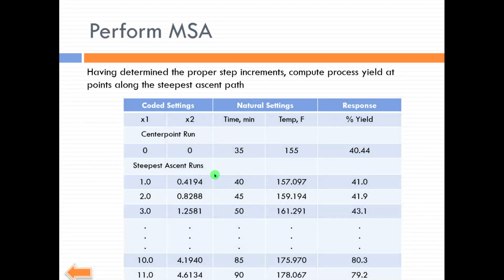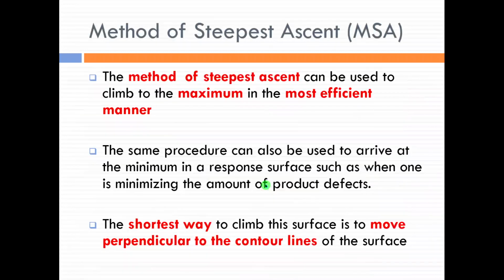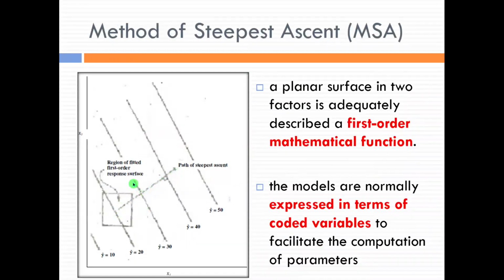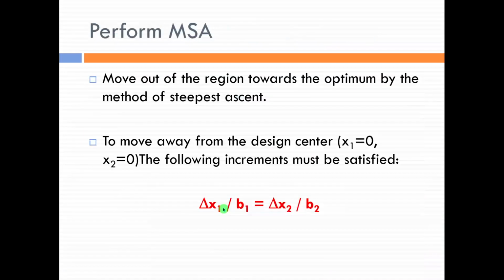Tapos next, magsi-steepest ascent runs tayo using the increments na ginamit natin. So again, ito na yung part na sinusunod na natin yung curve na to. Sinusunod na natin yung path na to. Na-set up na natin yung model. Etong line na to is actually the model that we've set up. And when we are doing the increments, we are actually moving within this model. Okay? So nagmo-move tayo along this path. Okay? So this is just an example, no, class.